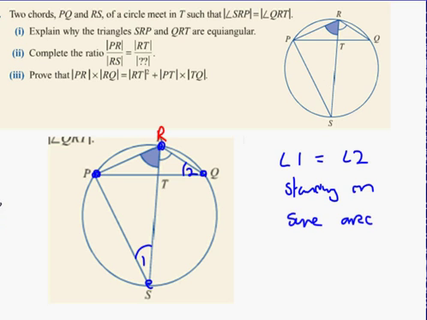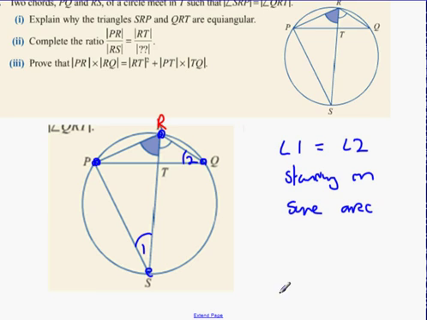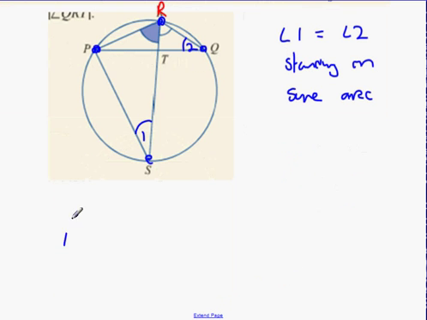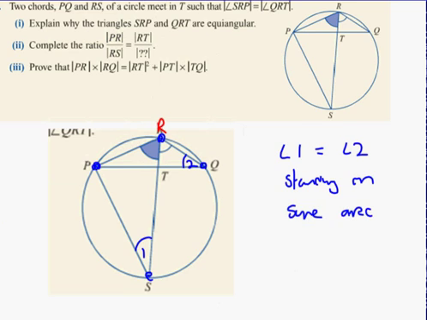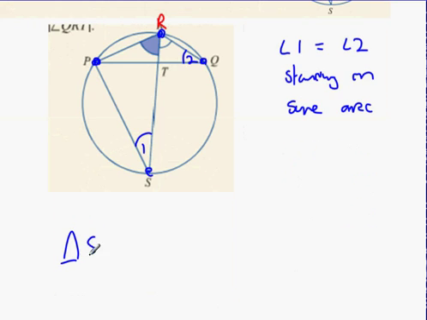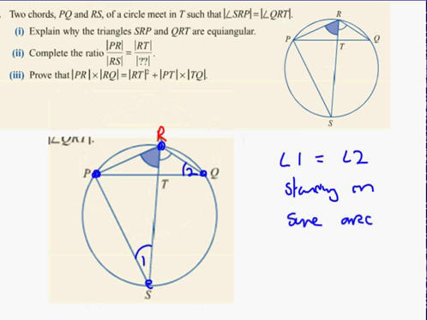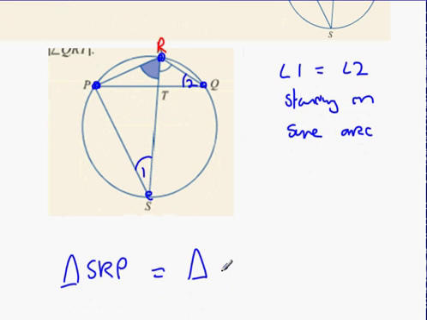So what we want to do is isolate the two triangles in question to prove they're equiangular. So it's going to be triangle SRP equals triangle QRT, and SPR. We've already said that angle 1 equals angle 2. What's the next one? We were given one, were we?